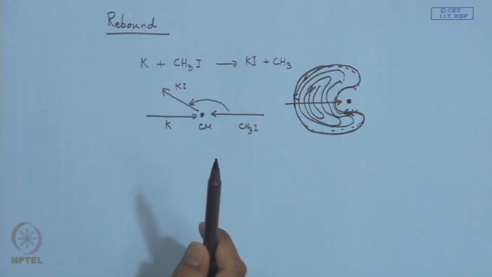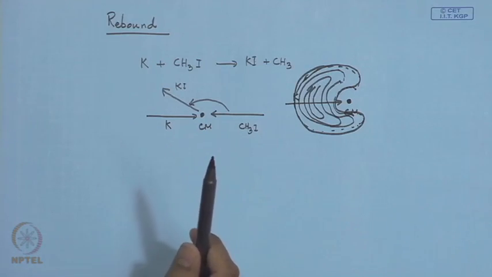Then we started with inelastic scattering. Then we discussed this harpoon mechanism. It is basically a plucking mechanism. So we discussed that for the harpoon mechanism, you can have forward scattered as well as back scattered, as I talked about in terms of rebound.